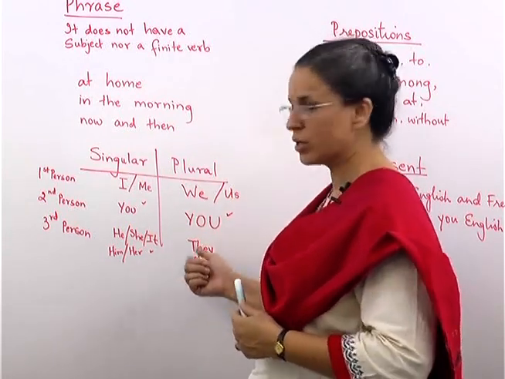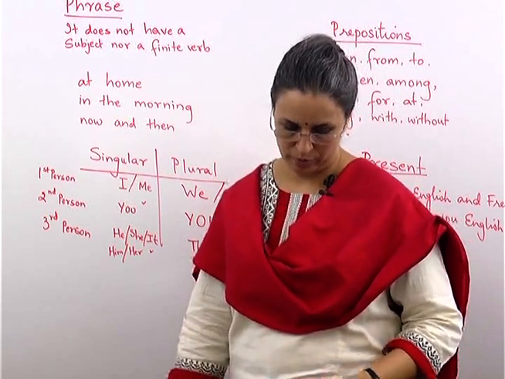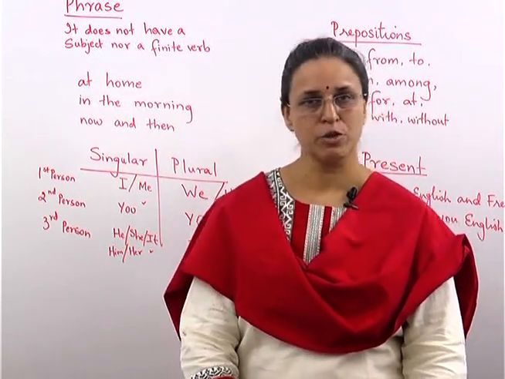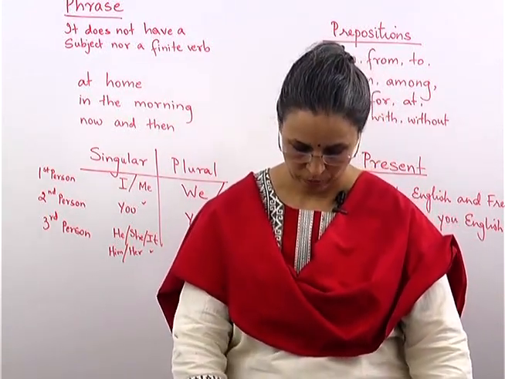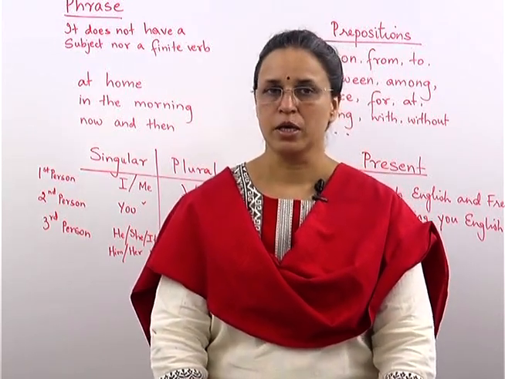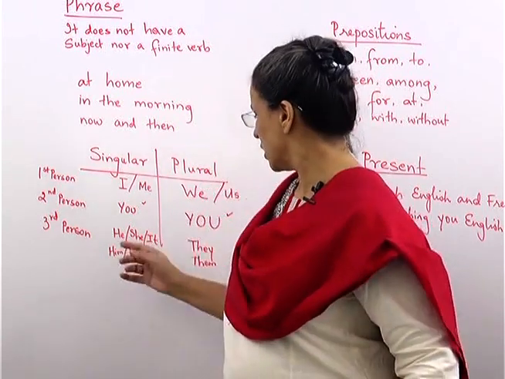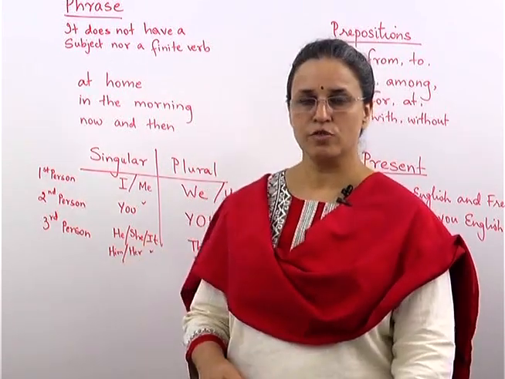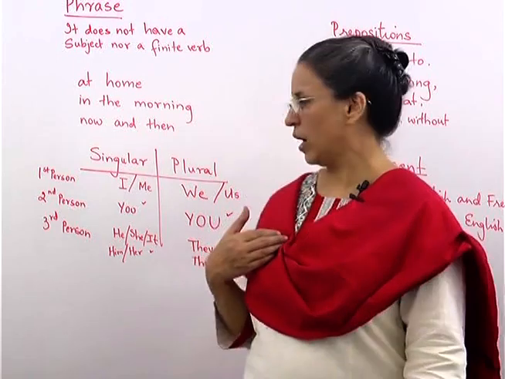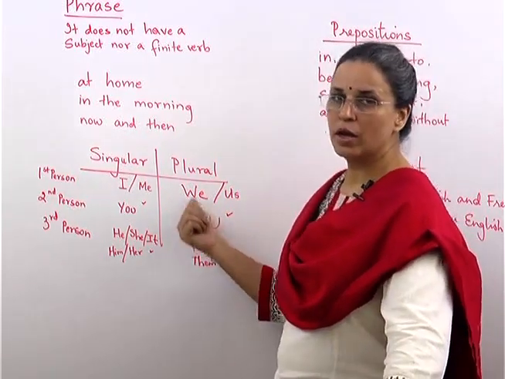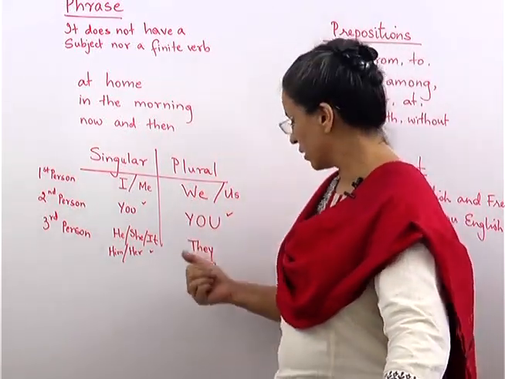So they are the subject and me is the object. So here you can see different types of pronouns are also used. Pronouns or sarvanam is used instead of the noun. Like instead of saying Lata, I can say she. Instead of saying my husband and I, I can use we. Instead of saying the students, I can use they.